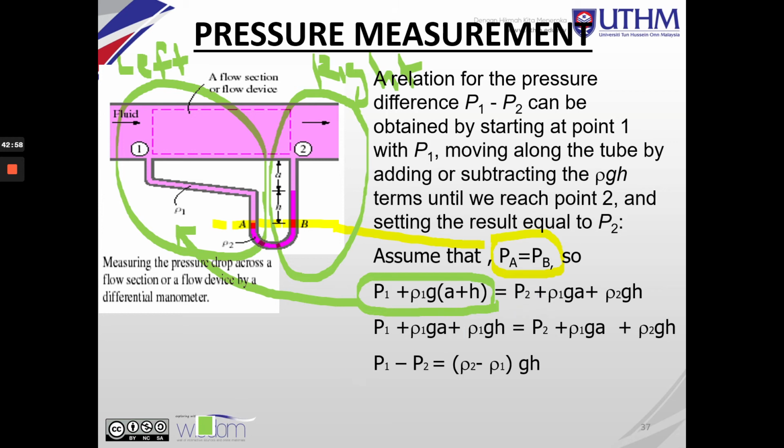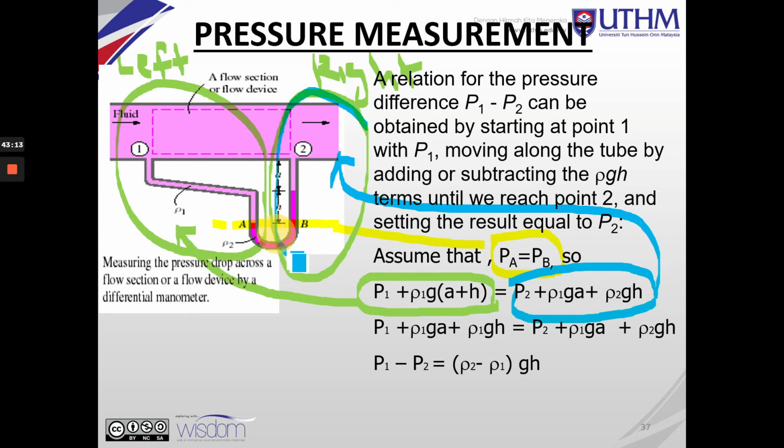Look at the right side here. At the right, we just look at point B. The pressure at B has pressure 2 plus the pressure of the fluid 1 column, rho 1 g a, plus the height of this fluid h times rho 2 g h here.